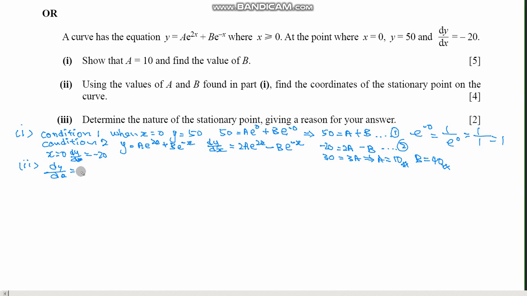A is 10, so it's 20 e^2x. B is 40, e^minus x. Now, when x equals 0, the condition is dy/dx is minus 20.